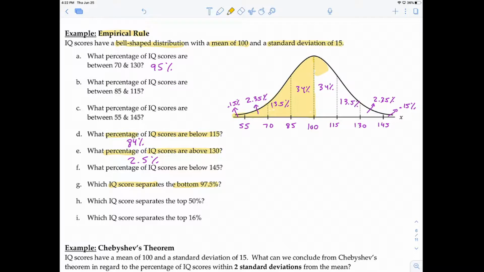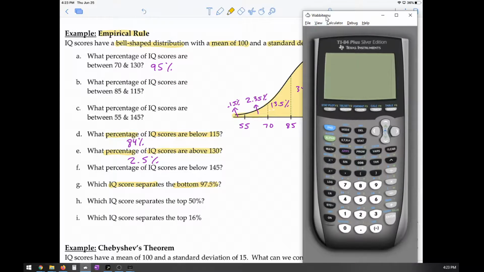Let's add this one to it. Do we get to 97.5? No, we don't, because 50 plus 34 is the bottom 84%. So we're not quite there. Let's add that section to it. And do we get that? So let's see.